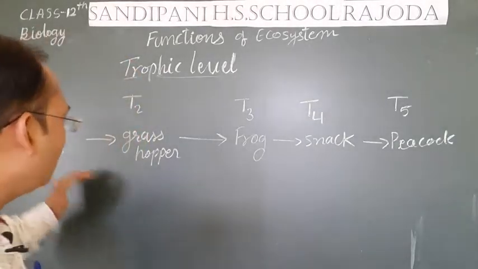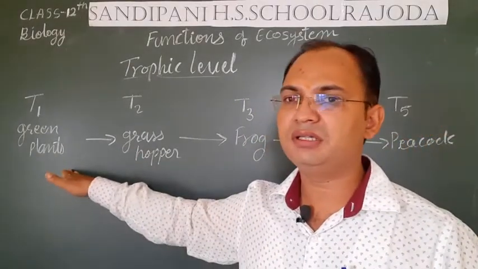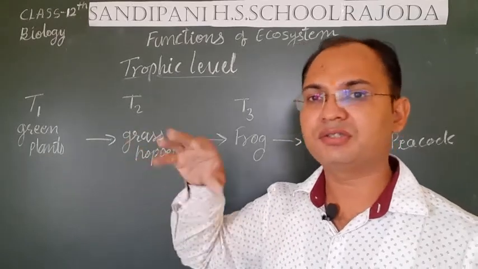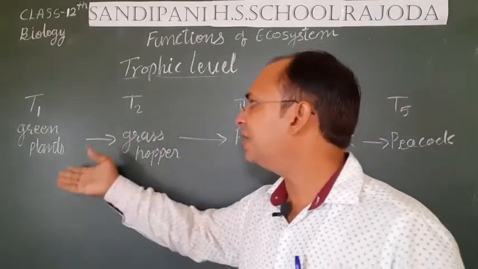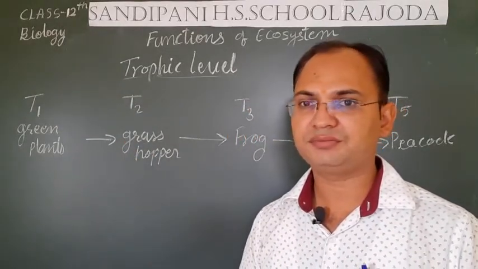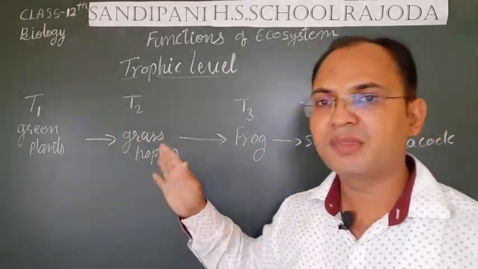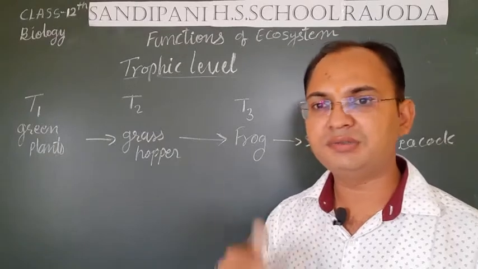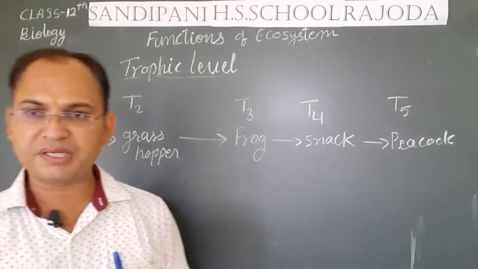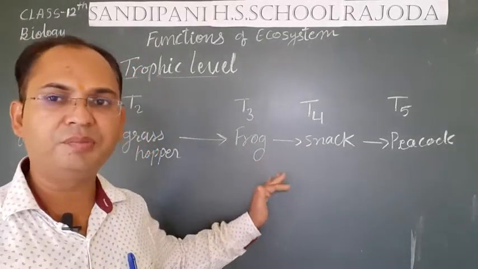So the amount of the energy that was primarily present in first trophic level gets transferred into second trophic level, as well as some amount of the energy is utilized by the organisms of first trophic level. Now some amount of the energy transferred to second trophic level is utilized by the members of the second trophic level in order to survive and for their metabolic activities, and some amount gets transferred into third trophic level.